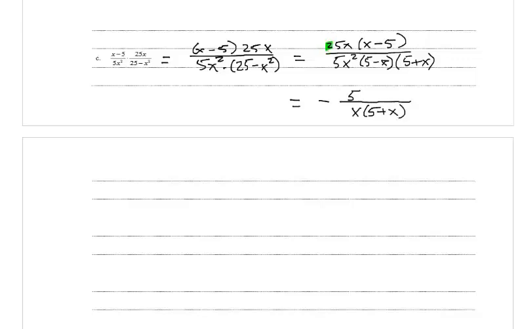When we take a look, the two constants simplified to give us this 5. The additive inverses of x minus 5 and 5 minus x gave us our negative. X over x squared gave us this x. And then we had the remaining 5 plus x term. That's where all the pieces came from, and that's our video on multiplying rational expressions.